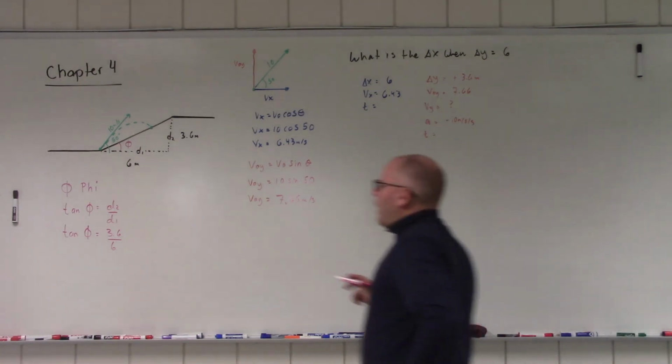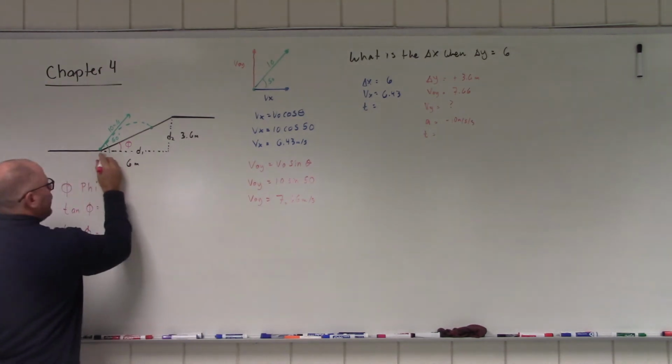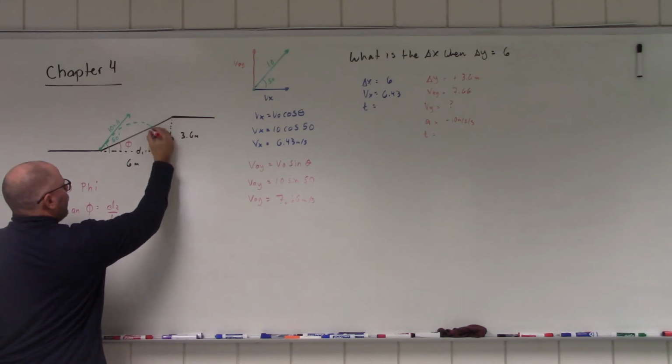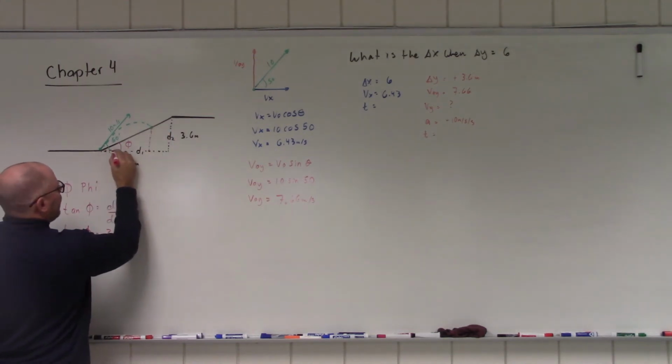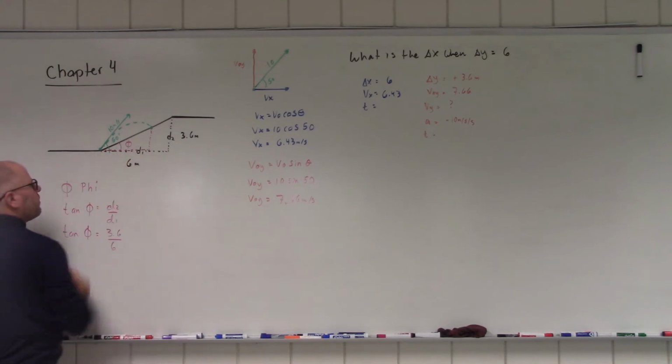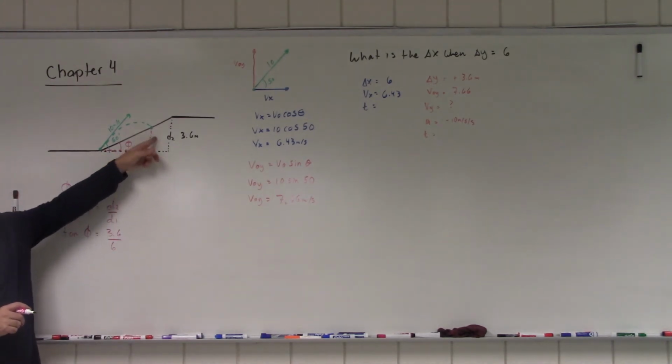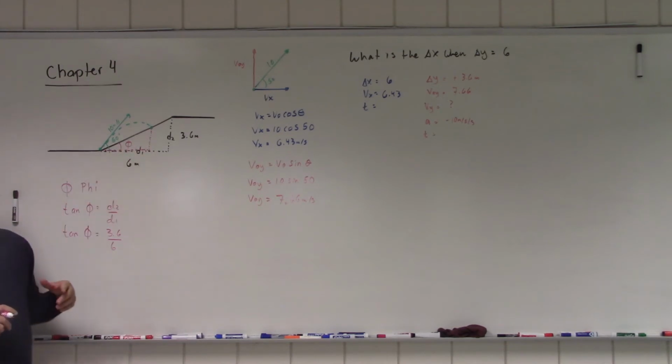And no matter where it lands on this ramp right here, let's say it lands right here. That's the height it lands, and that's the horizontal distance. Because this angle theta is the same, the ratio should be the same.